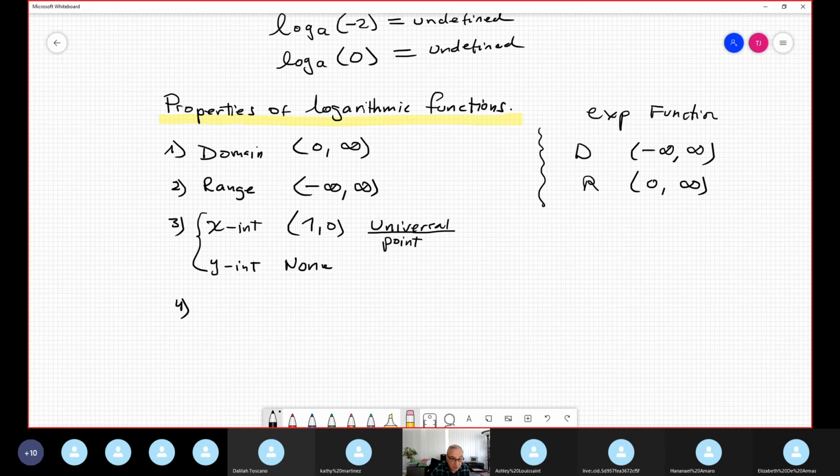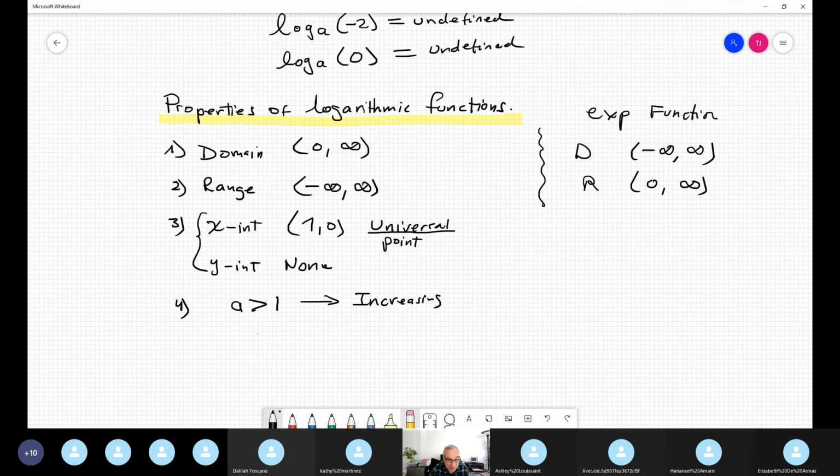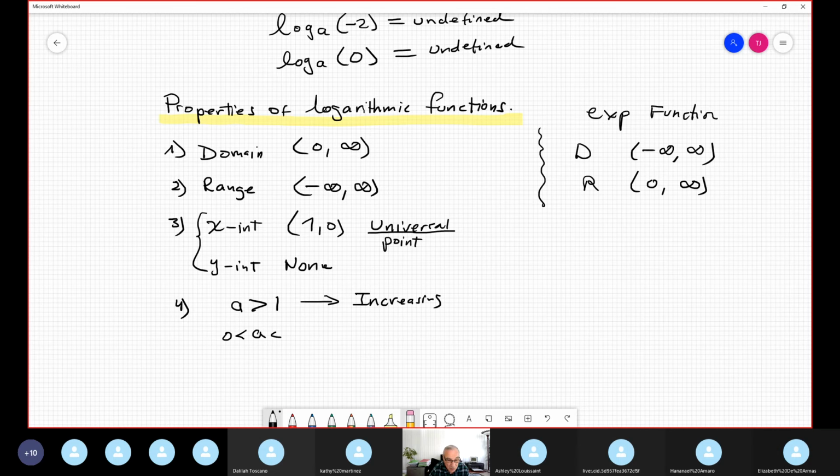Property number 4. If the base is greater than 1, the function is increasing. If the base is between 0 and 1, it is decreasing. It's similar to the exponential: we have two kinds of logarithmic.